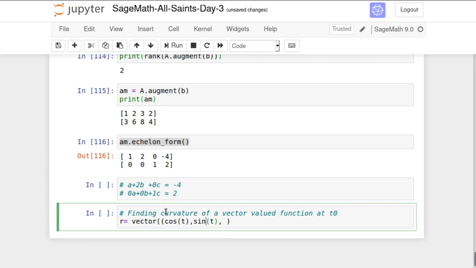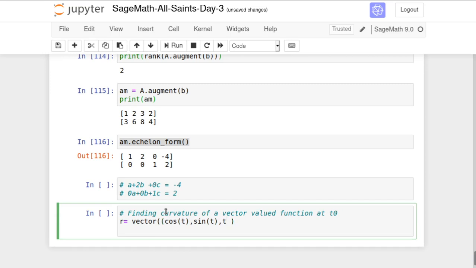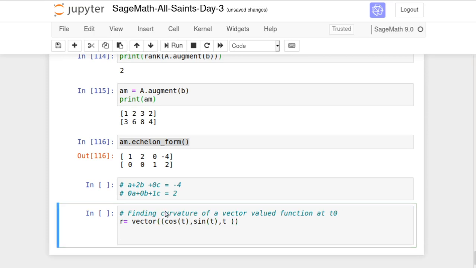Cos of t, sine of t, and t. Now this is defined to find the curvature. We have already seen how to plot this. Now we will differentiate this. Suppose that we call dr the derivative. dr equal to differentiate r with respect to t.